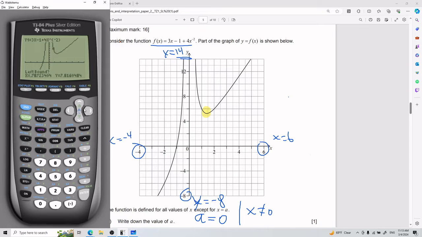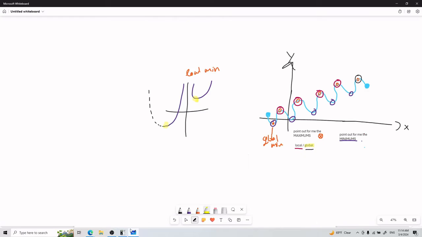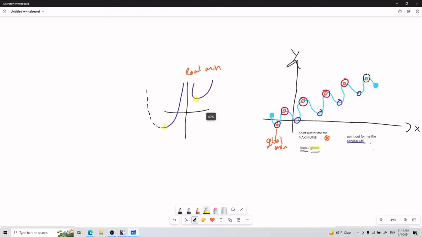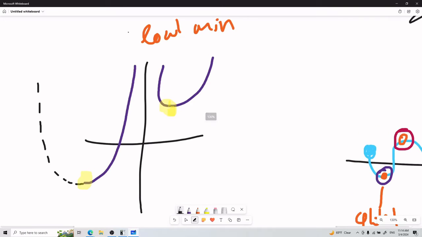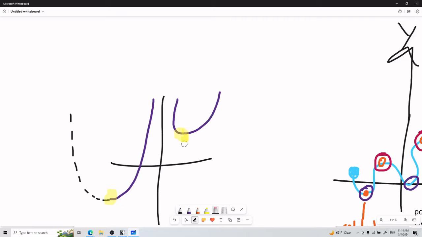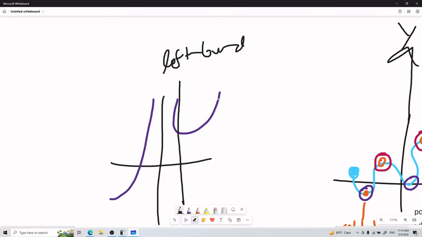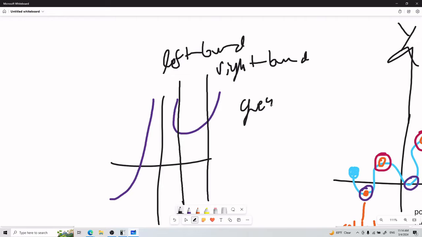And so if I go ahead and put, I don't know, left bound here, and right bound there. What I'm basically doing, just so that we understand, is that if I put the left bound here, and I put the right bound here, well, then the last part is guess, which is basically like pick your minimum.